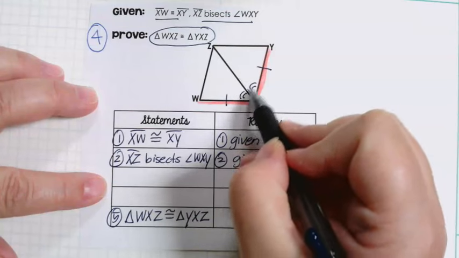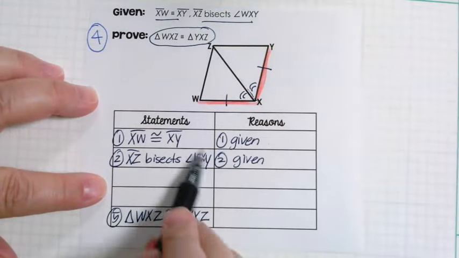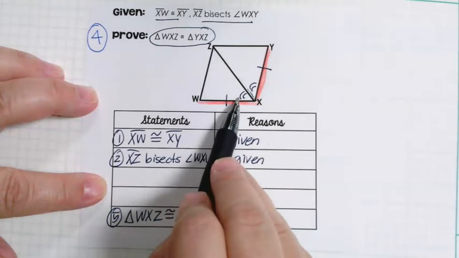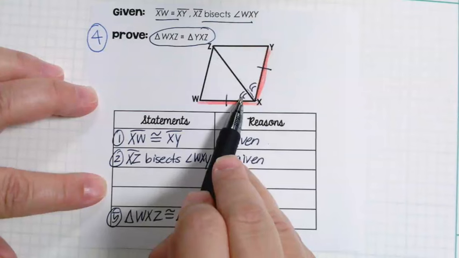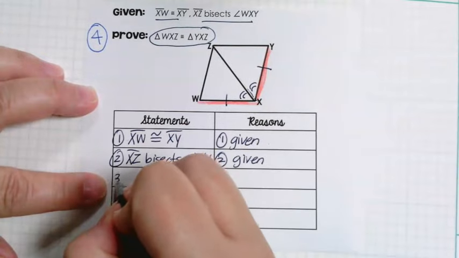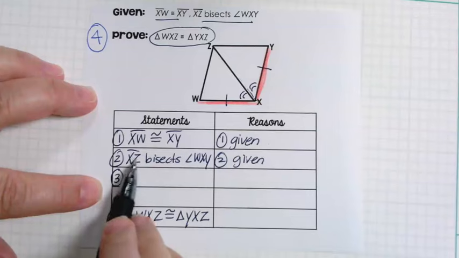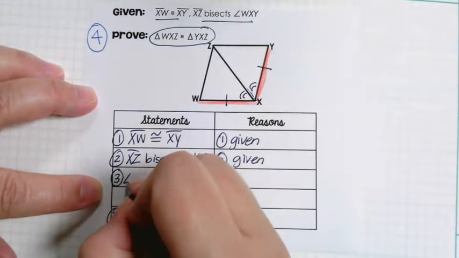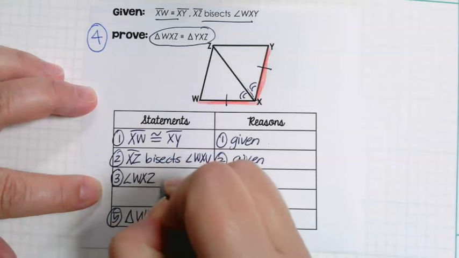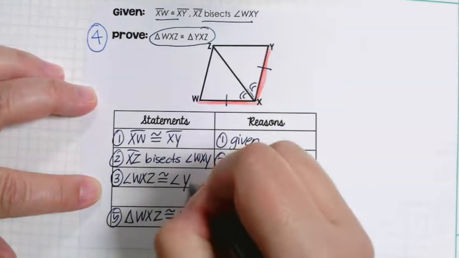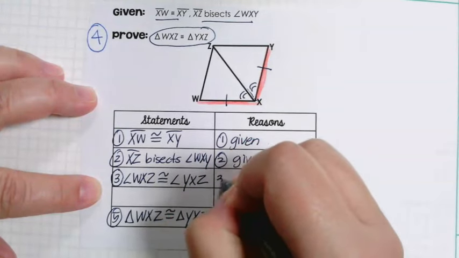So this is telling me about angles. Whatever is being bisected, this is what it's telling me about. If you're bisecting an angle, it tells you you have 2 smaller congruent angles. If you were bisecting a segment, it would mean you have 2 smaller congruent segments. But this one's bisecting an angle. So the conclusion I can draw from this step is that angle WXZ is congruent to angle YXZ because that's what it means to bisect.